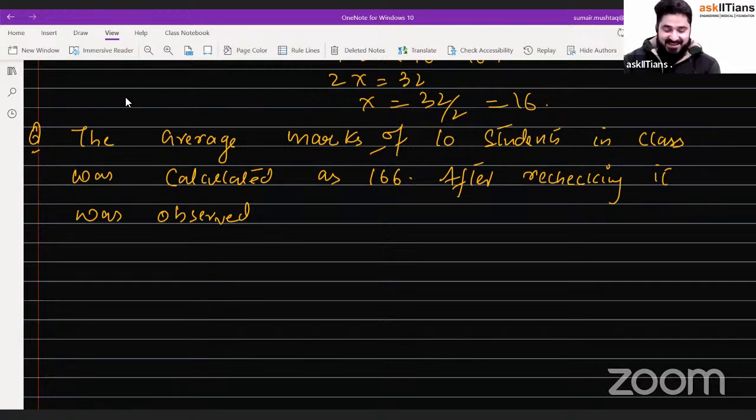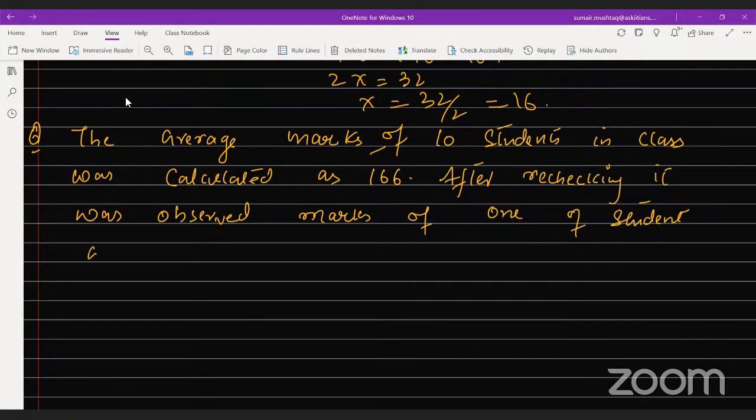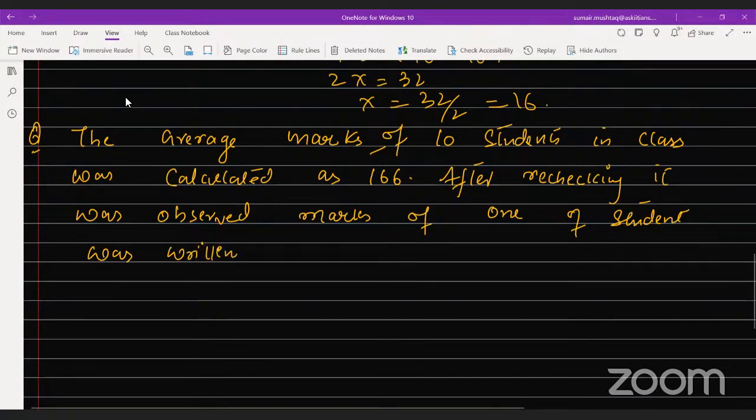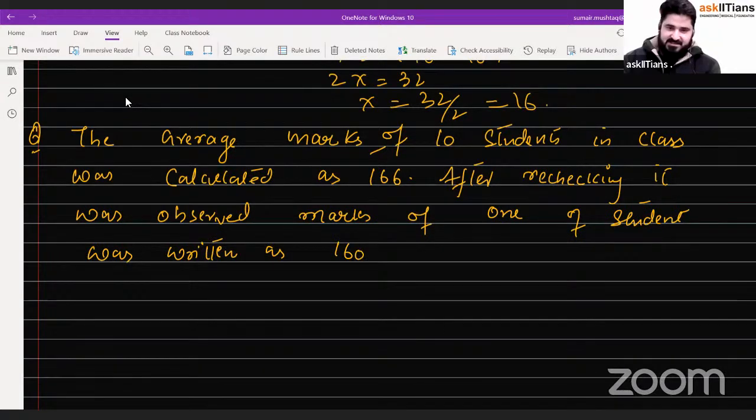After rechecking, it was observed that the marks of one student... The first rule of maths: if you get a question, never go for logic, go for maths.